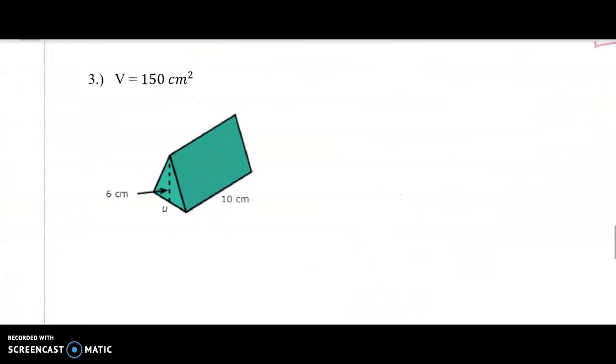Okay, so let's look here at number 3. Now we have a triangular prism. Formula for that, the volume is equal to 1/2 the base times the height times the length. Okay, so my base is what I don't know, but my volume I know is 150. I have 1/2. My base is what I don't know.